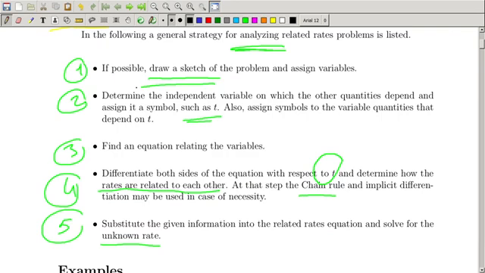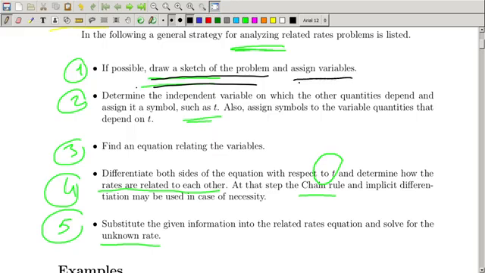What is asked, what is given, what is the input data, and how can you get an equation from this data. If possible, draw a sketch of the problem. This is not possible for all of the problems, but it may be useful if you can, and for some of the problems, it is really necessary to sketch it.